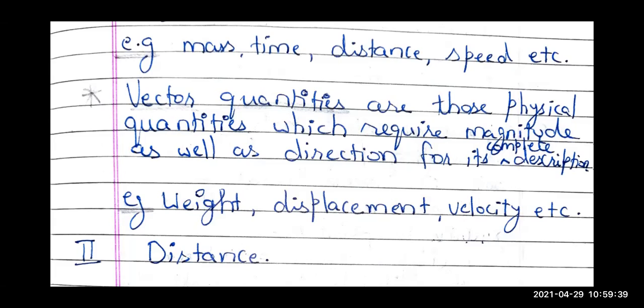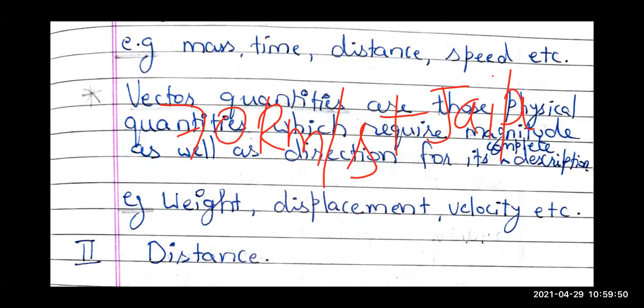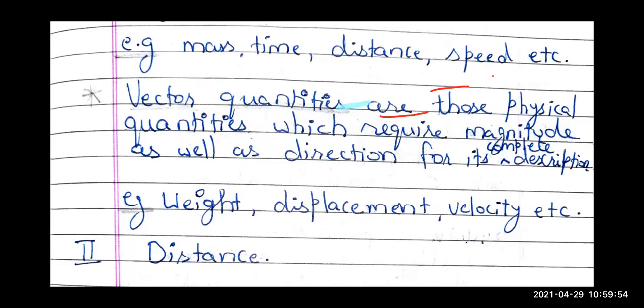So there you are giving me the magnitude, that is 70 kilometers per hour, plus the direction, that is towards Jaipur. So any physical quantity which requires both magnitude as well as direction for its description is a vector quantity. Some examples of vector quantities are weight, displacement, and velocity.